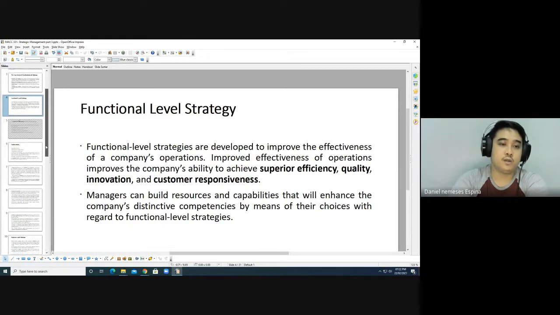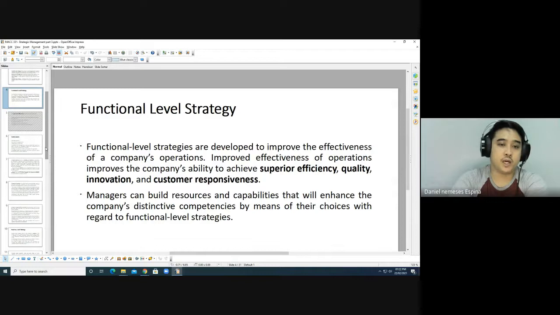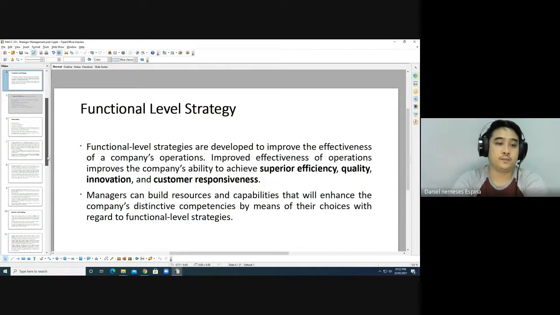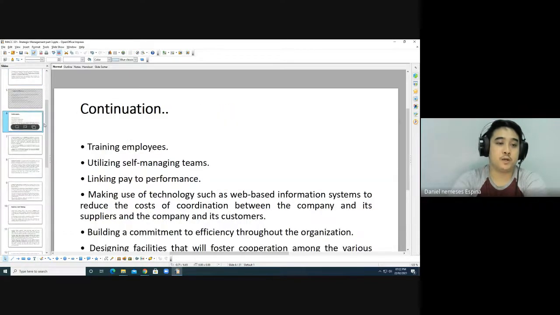So all of those strategies that were mentioned, functional, corporate level, global, and even business level strategies, must be complemented, connected from one type of strategy to another. So they should complement each other.